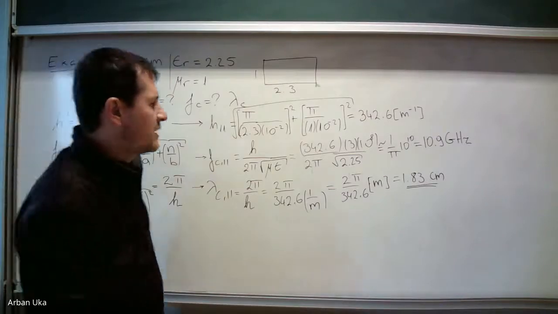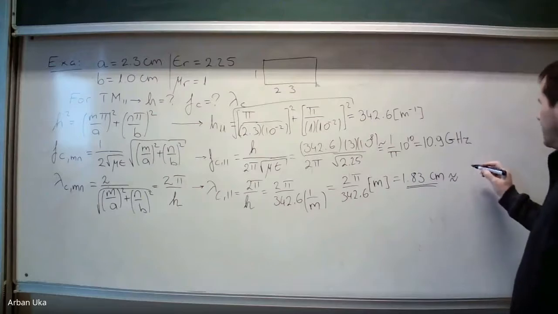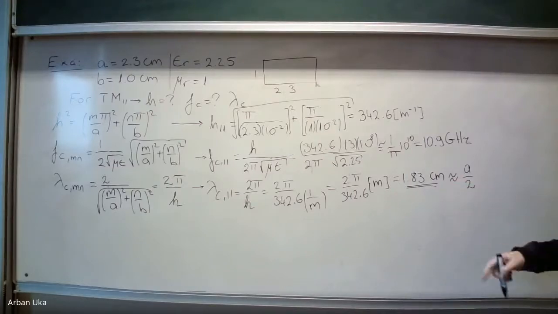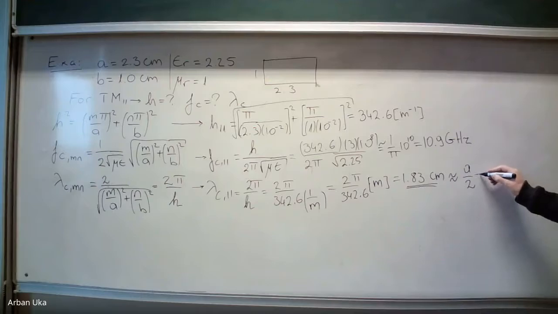So this might be expected to be somewhat related to A over 2. This is just approximate, because we want to get a feeling of the order of magnitude of the important quantities. So A over 2 is equal to 2.3 divided by 2, we get 1.15.